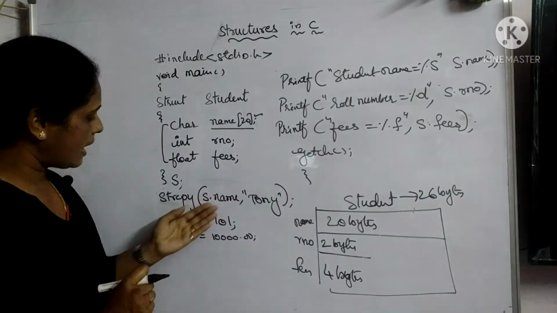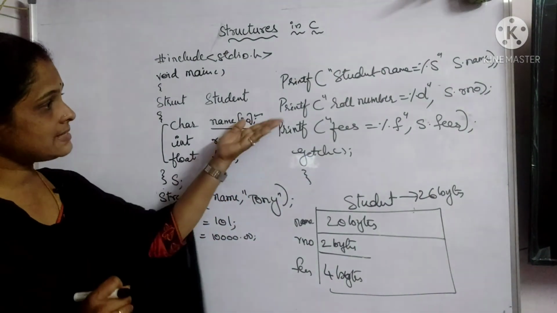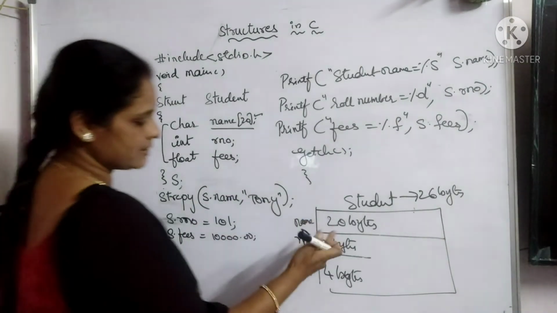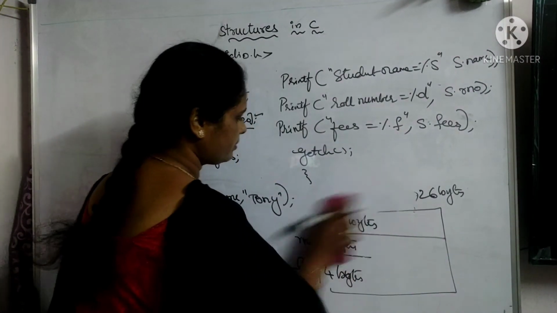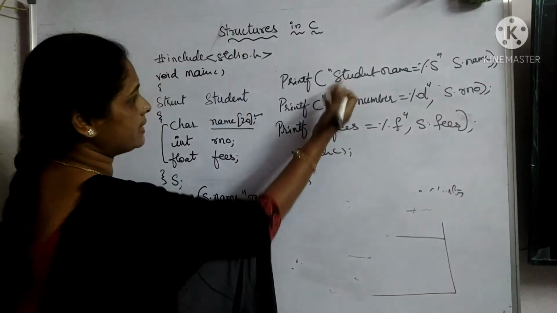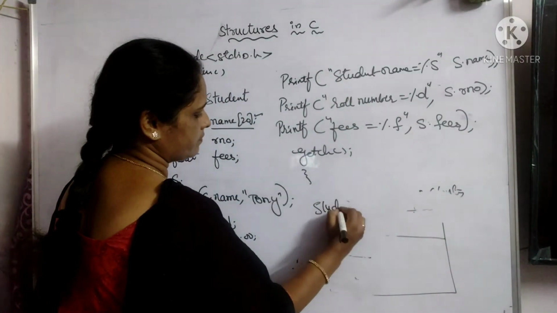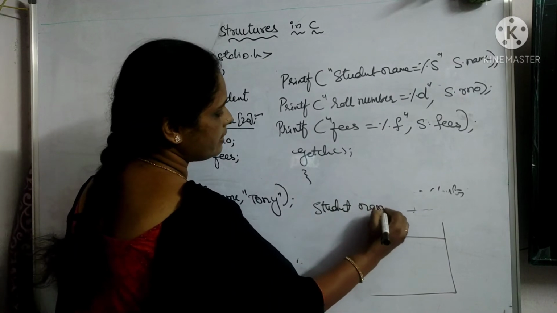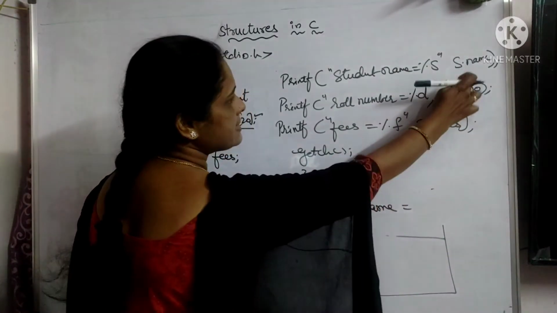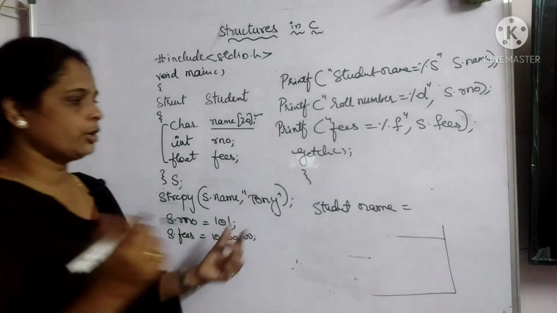So whatever I have initialized here, when I see the output, what will be the output? It will be something like this. The first output line is student name equal to S dot name. What is stored in S dot name? Tony.